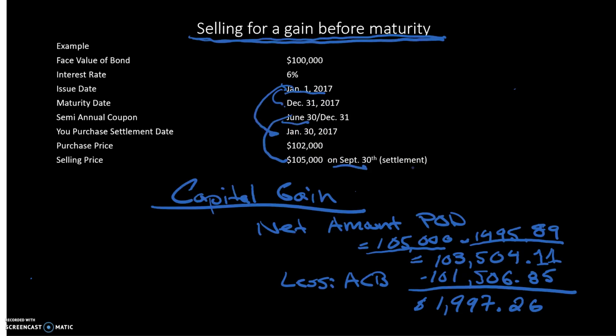We have to do those two. Then we calculate ACB, then the interest to report during the year for myself, the owner of the bond, and then the capital gain. We could flip this back, and if we went to the capital loss, we'd go through the same steps. So that's the second part of this example.